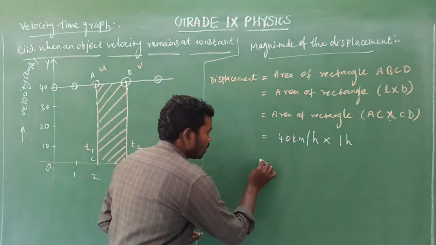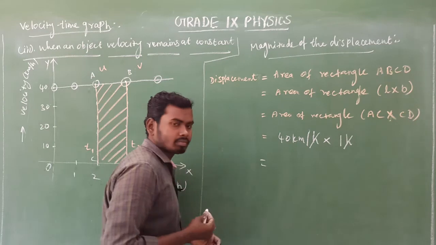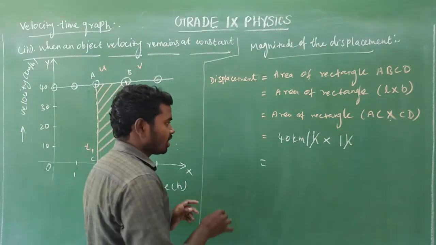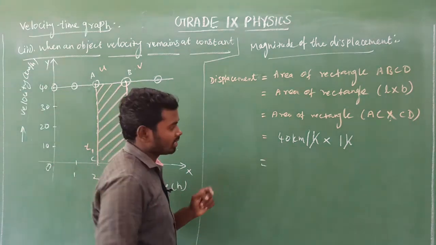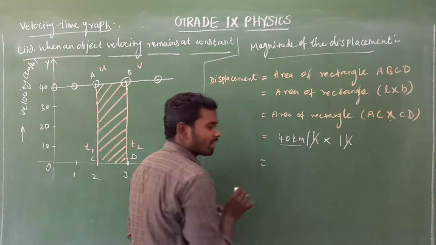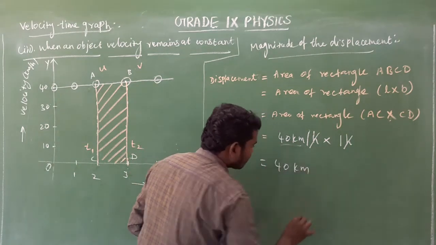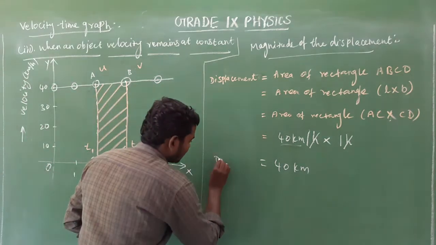So listen here, next one: hour and hour cancel each other, isn't it? Next, what is left here actually? Just this 40 kilometer is left. So what is 40 kilometer? That is displacement.